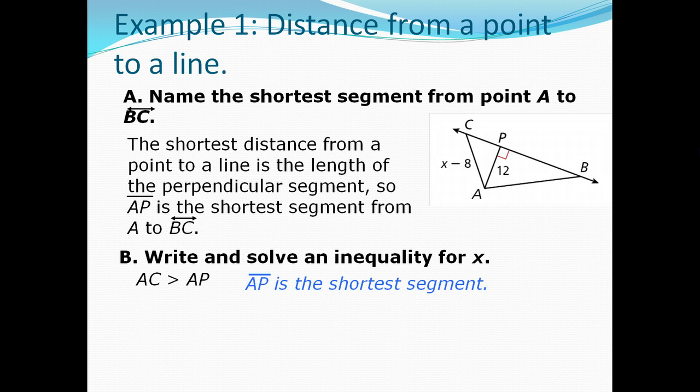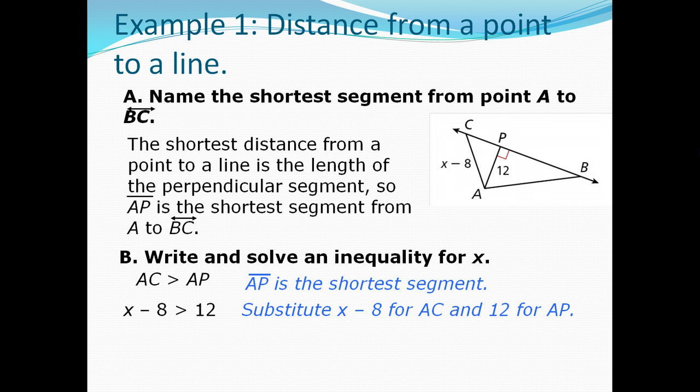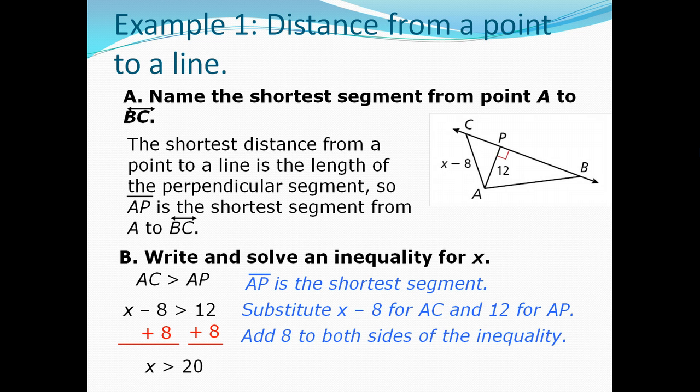And AC is x minus 8, so we're going to substitute this in, and 12 represents AP. So our inequality would be x minus 8 is greater than 12. But we can simplify this, add 8 to both sides, and we get that x is greater than 20.